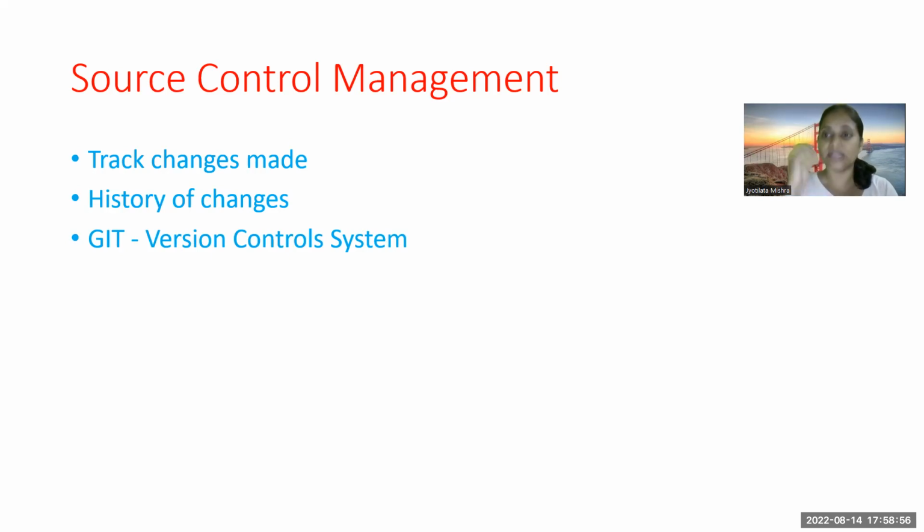Okay, so Git is your distributed version control system. So when we say distributed version control system, that means for all the developers who are going to download this code from the remote repository, it would be the same. So once you have downloaded the code on your local machine, you don't have to be connected to the internet.